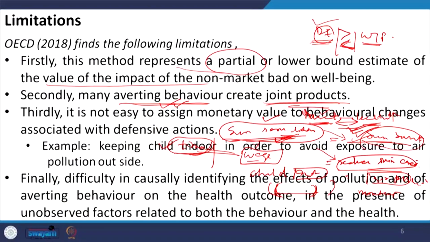Last but not least, you can find so many other limitations that we are not discussing here. Here we just want to say that there may be some unobserved factors that are related to the averting behavior that we are changing, and also related to the outcome of this averting behavior, that is, the health outcome, right.